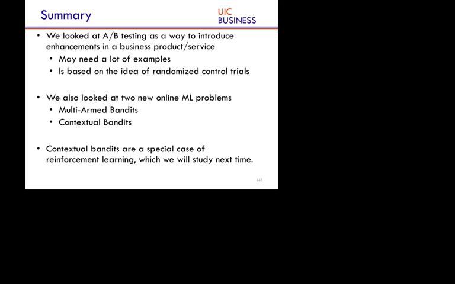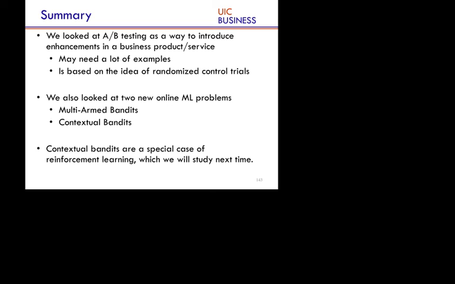Any questions so far? To summarize, we looked at A/B testing as a way to introduce enhancements in a business product, but that was simple. We had just two things to compare, and we potentially may need a lot of examples. It is based on the idea of randomized control trials and is dependent on the hypothesis testing literature.